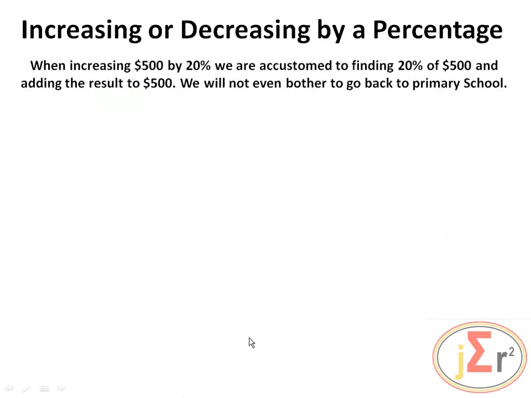Increasing or decreasing by a percentage. When increasing $500 by 20%, we are accustomed to finding 20% of $500 and adding the result to $500. We will not even bother to go back to primary school.